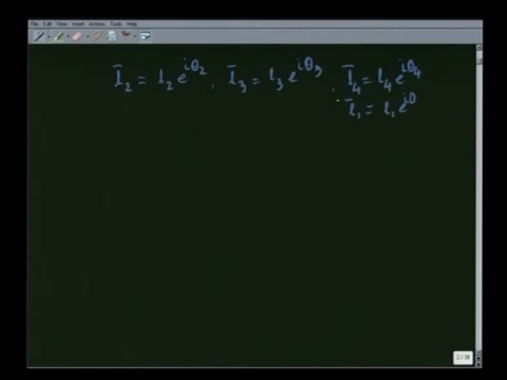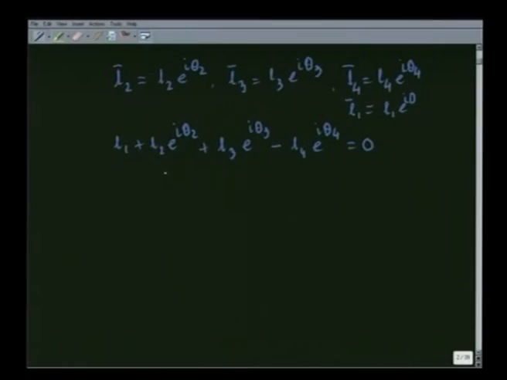We get L1 plus L2 e to the power i theta 2 plus L3 e to the power i theta 3 minus L4 e to the power i theta 4 is equal to 0.